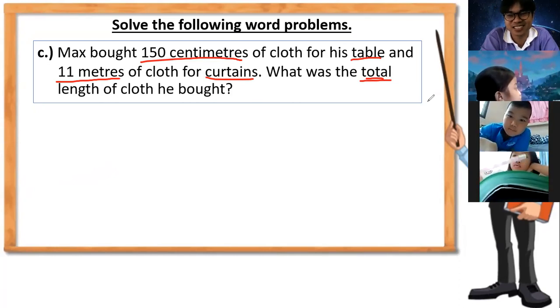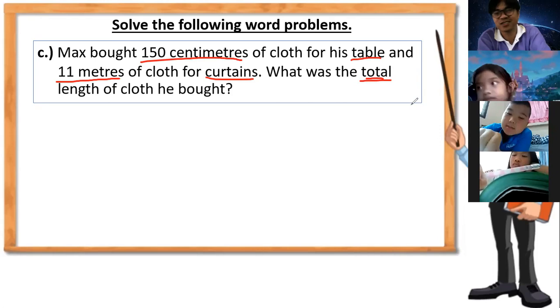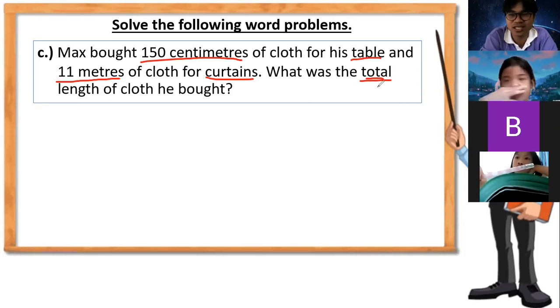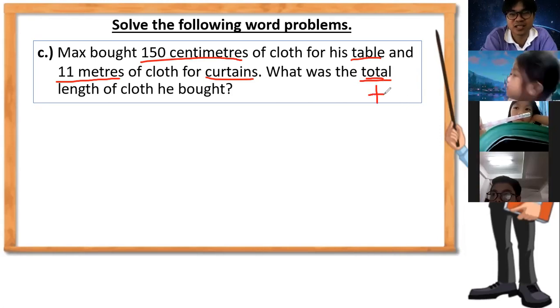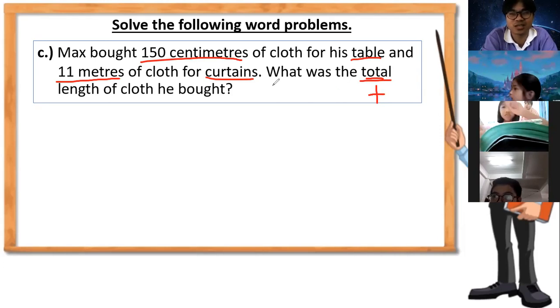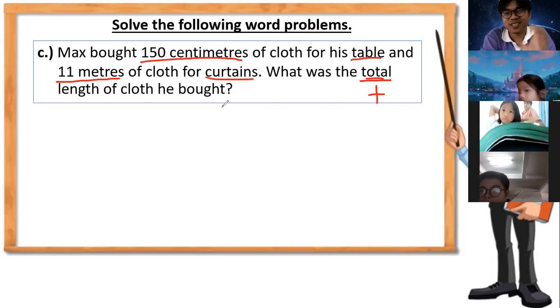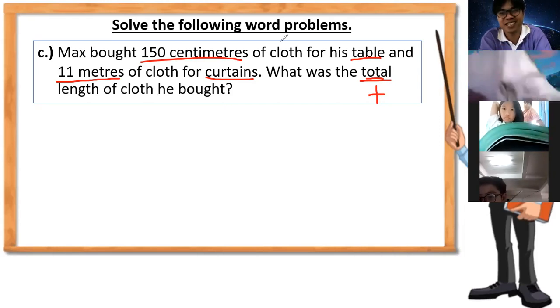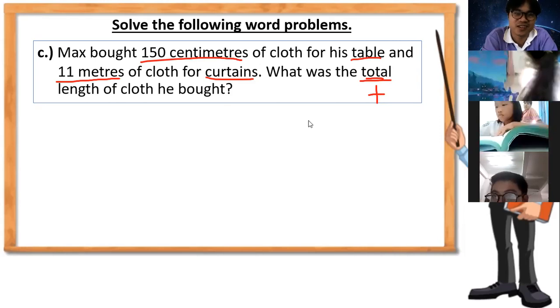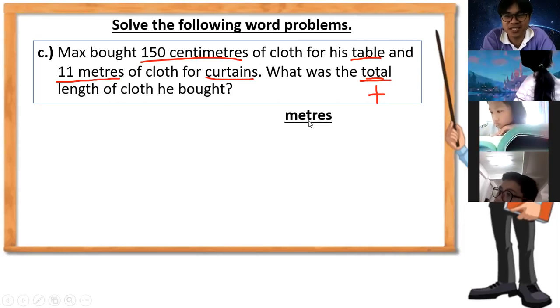Who can guess? Plus. That's correct. Very good. It's plus. Why, teacher? Because the question is what was the total? So we will find out the total length. Okay, let's do it step by step.